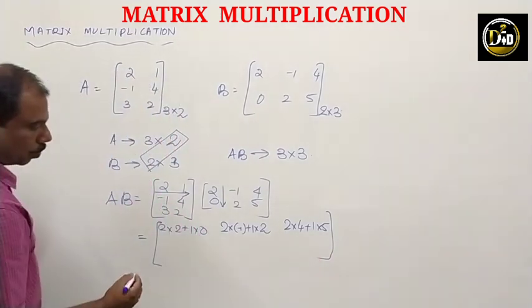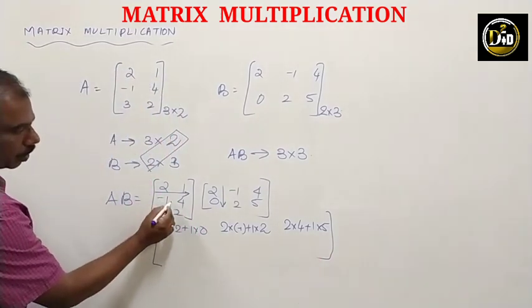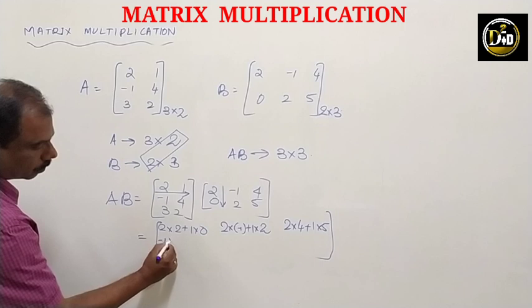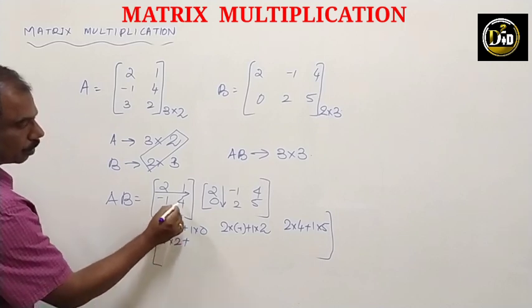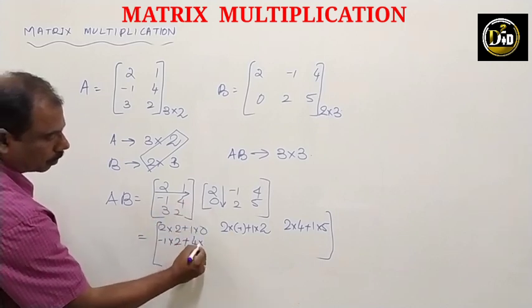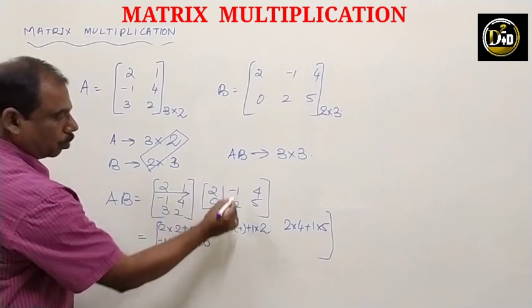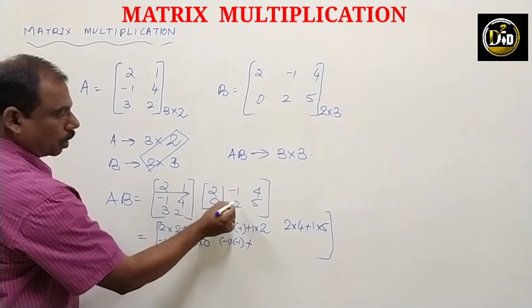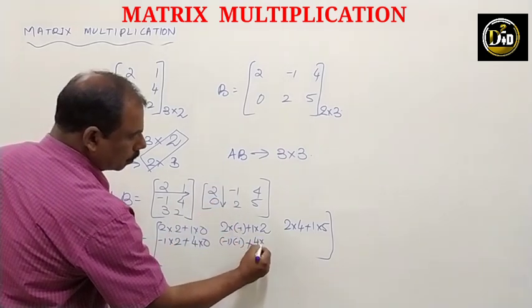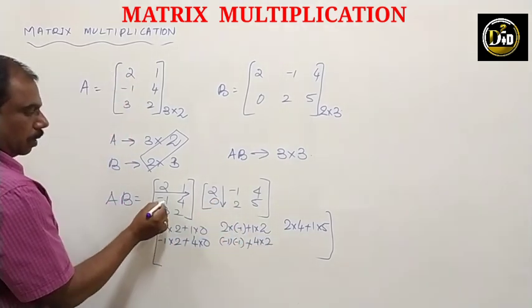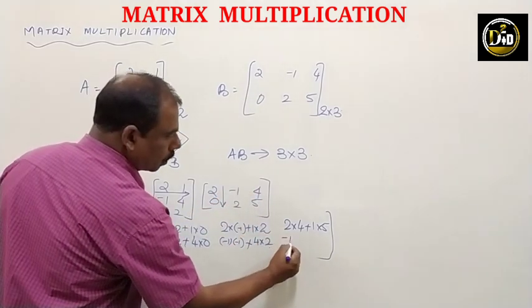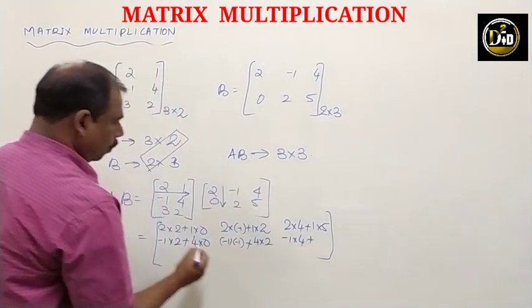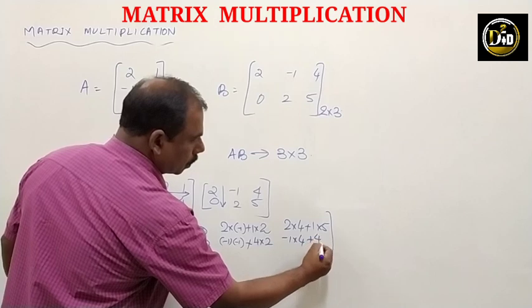Coming to the second row, minus 1 into 2 plus 4 into 0, minus 1 into minus 1 plus 4 into 2. Going to the third column, minus 1 into 4 plus 4 into 5.